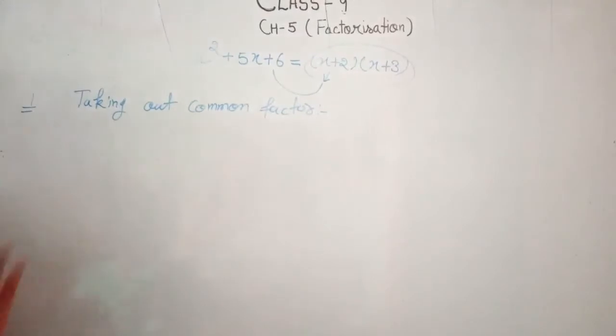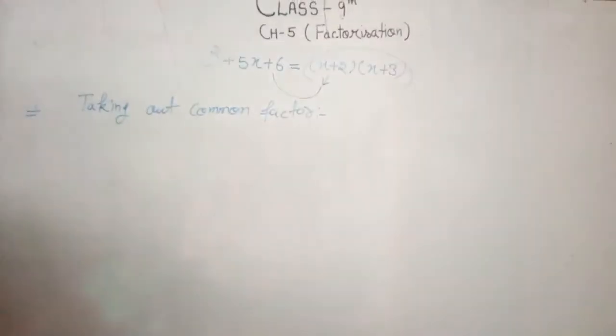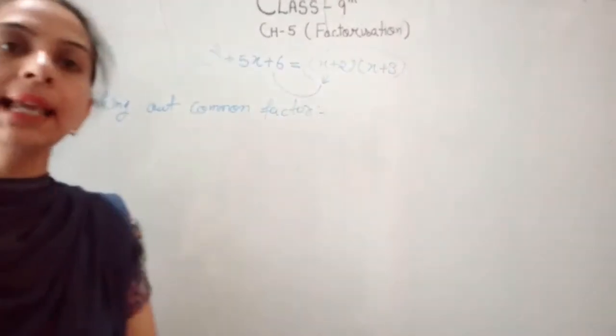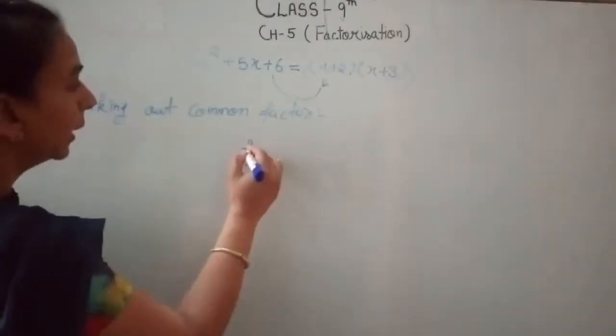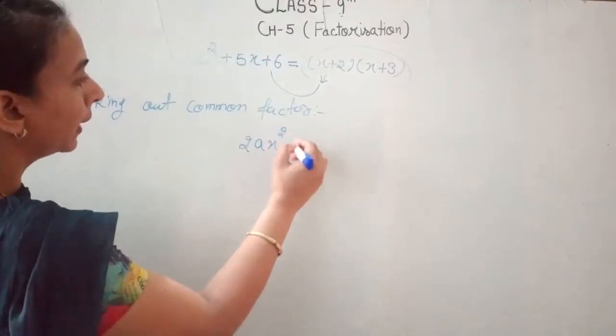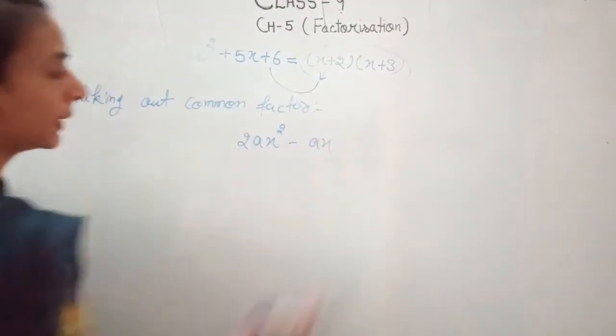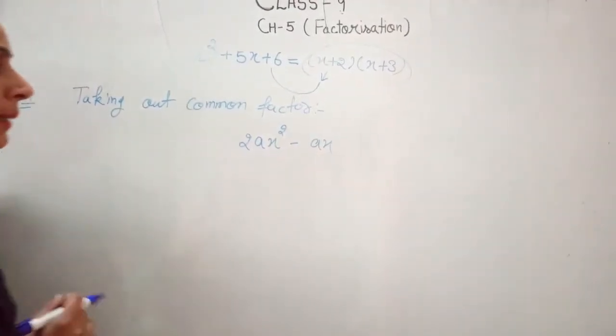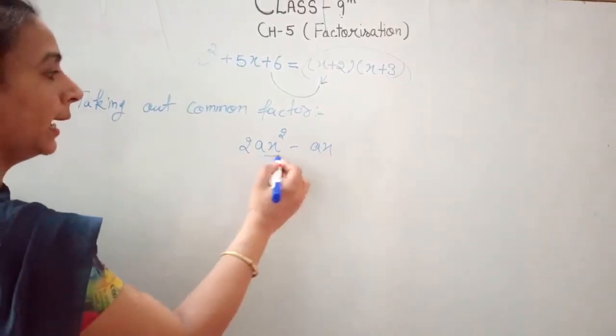Students, in this method of taking out common factor, every term contains a common factor. For example, if we have 2ax square minus ax, there are a total of two terms and each term contains ax.